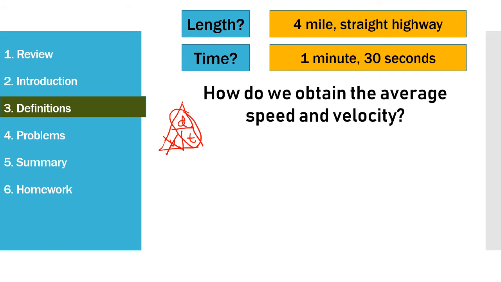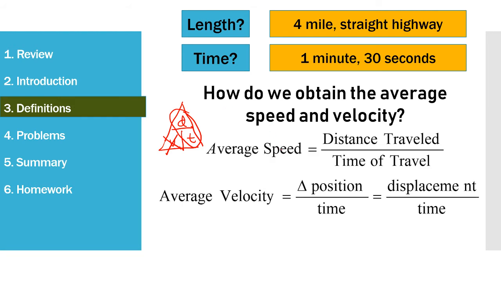If you want to get time, distance over velocity. Or displacement rather, because it's a vector. So to get the average speed and velocity, it's D over T. Average speed is distance over time. Average velocity, because by definition it's the change of position, remember, this means delta, which is change.